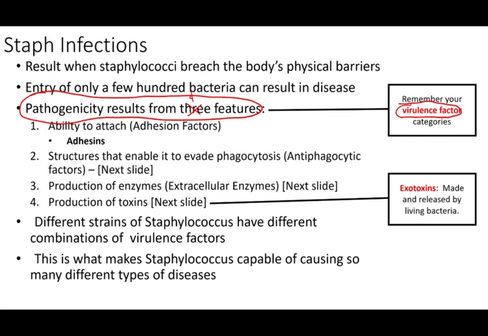And so if these Staphylococcus can breach that outer barrier, that skin, then entry of not that many microorganisms, a few hundred cells, can progress to a disease state. And that's because of these different virulence factors that exist. And so these reflect the categories we saw before. So adhesion factors is one, anti-phagocytic factors is another category, enzymes and toxins were all examples of different types of virulence factors.